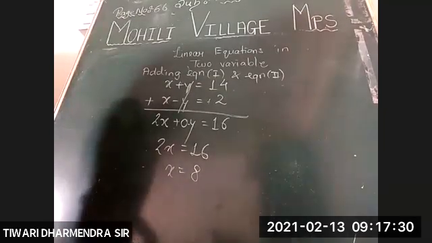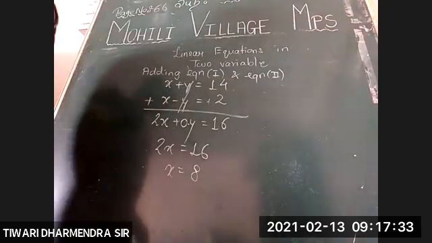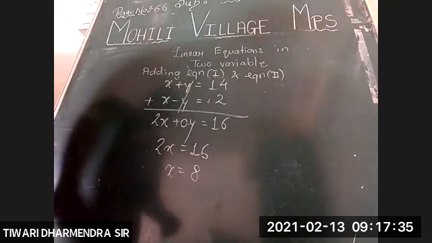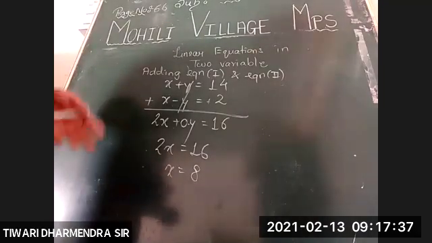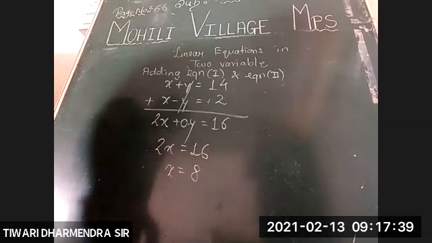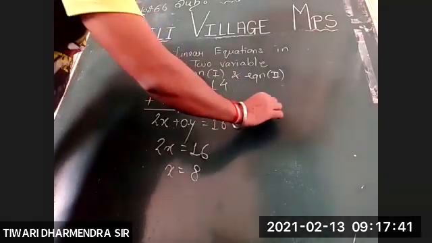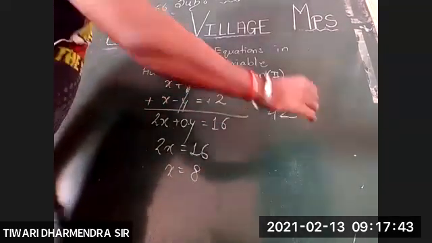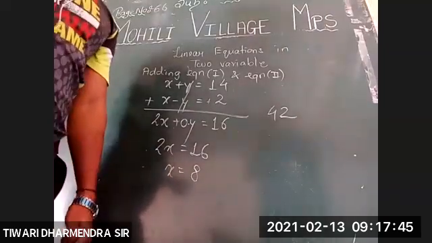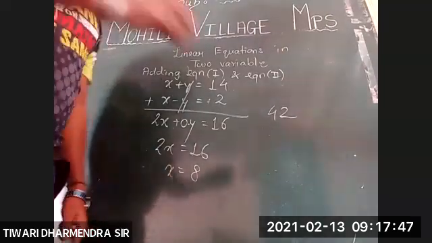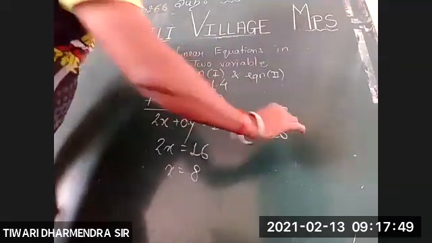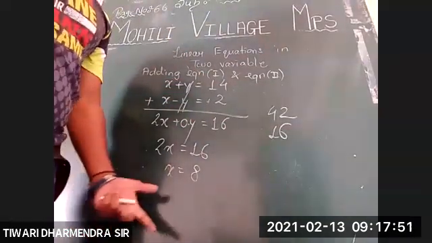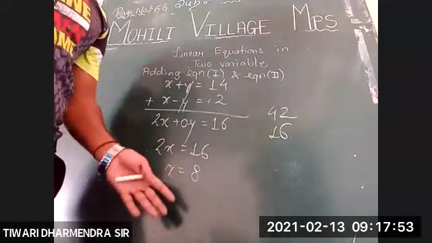So you can play some puzzles at home with your elders or anybody who is interested in mathematics. You can ask them a question of the type, sum of two numbers gives you 42 and difference of two numbers gives you 16. Can you tell me those two numbers? Let's see whether they answer.